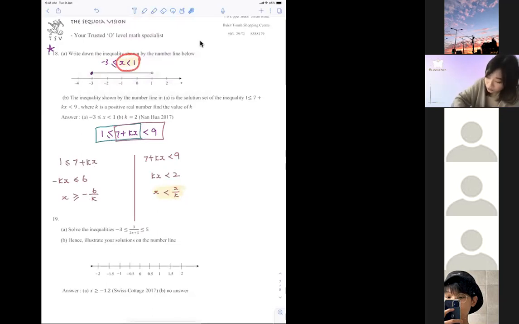By comparing these two yellow boxes, can you see that 1 is equal to 2 over k? So 2 over k is equal to 1. K is equal to 2. Okay, you can check by using the other side. Minus 6 divided by 2 is minus 3. Just nice, this is minus 3. So either way, you will get the correct answer. You get k equals 2.